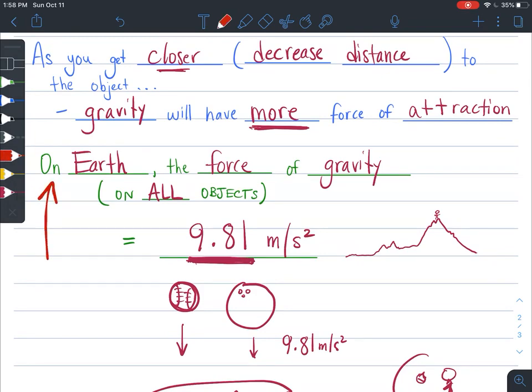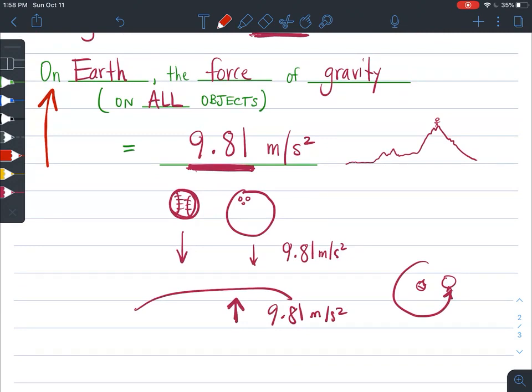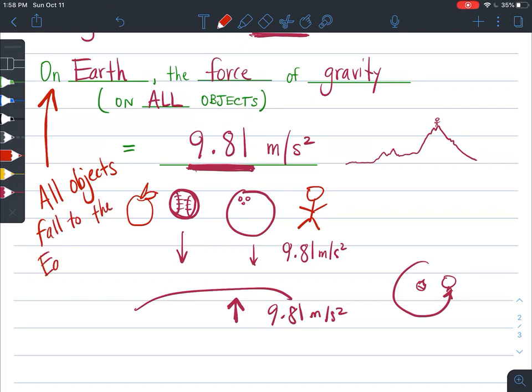All right, so that little thing that we need to add into the margins here, even here I'm finding a tough spot to add it, but I'm going to add it right here. I'm just going to write that all objects, whether it is a baseball or a bowling ball, or a human, or an apple, all objects are going to fall to the Earth at the same rate.